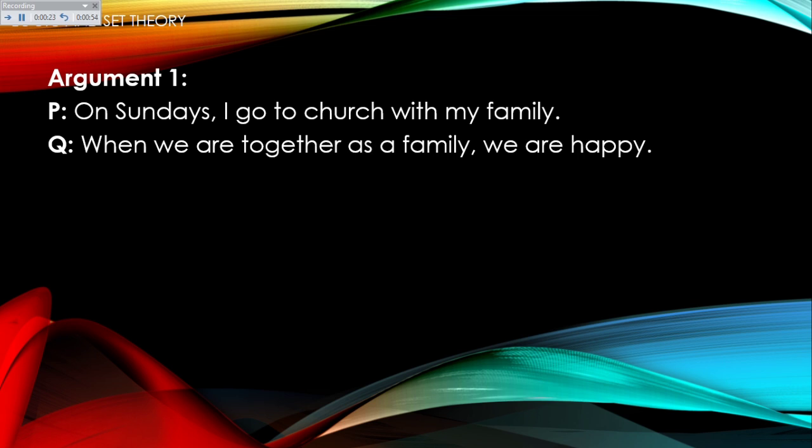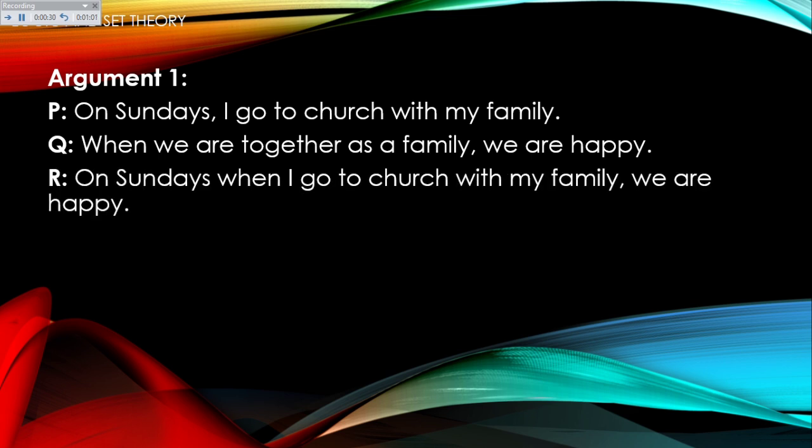And Q: when we are together as a family, we are happy. The conclusion, R: on Sundays, when I go to church with my family, we are happy.